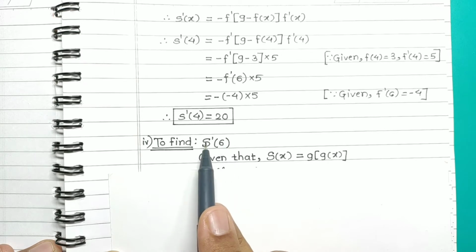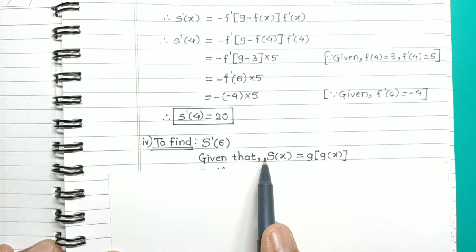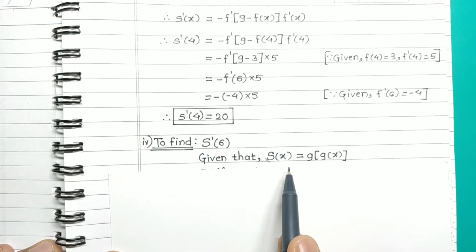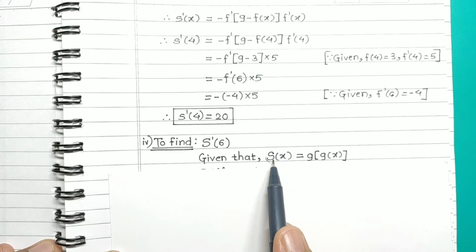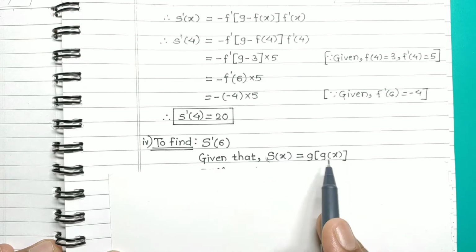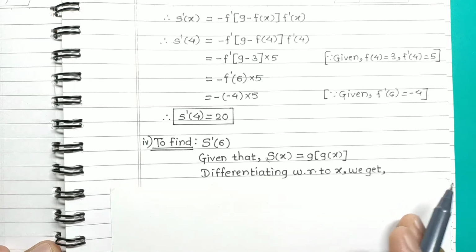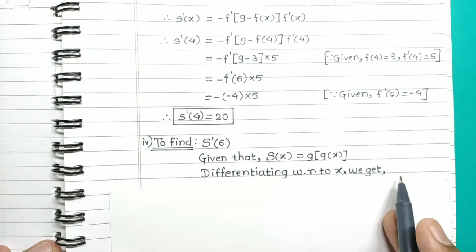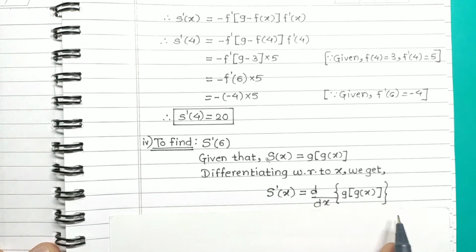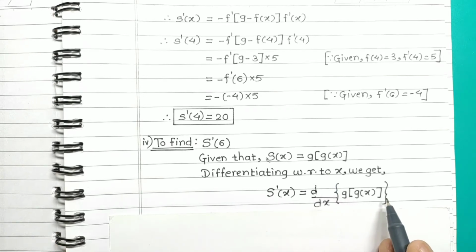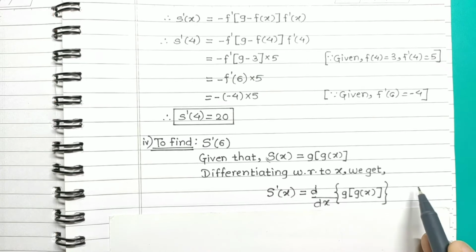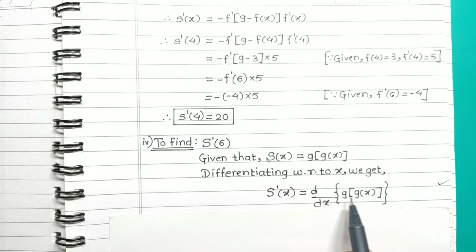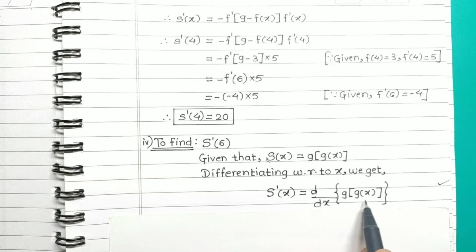So for this value we have to firstly find out the derivative of this S function, and so for that we have to differentiate this function. So differentiating with respect to x, we get capital S dash of x is equal to d by dx of g of g of x. And again here you note that it is a composite function, and to find its derivative we have to use chain rule here.